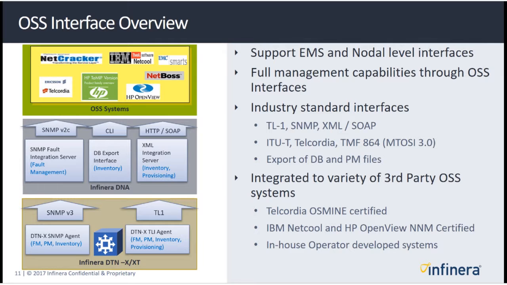From an OSS integration perspective, there are a variety of interfaces available for integrating into traditional OSS. DNA offers an SNMP based fault integration server, which can integrate into Netcool and other fault management systems for providing alarms and events.